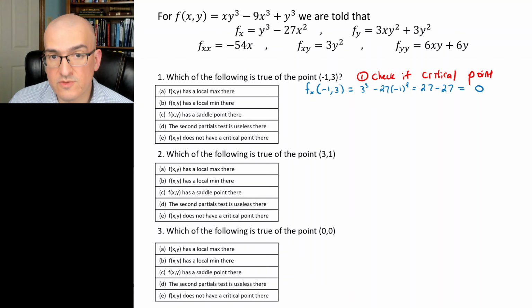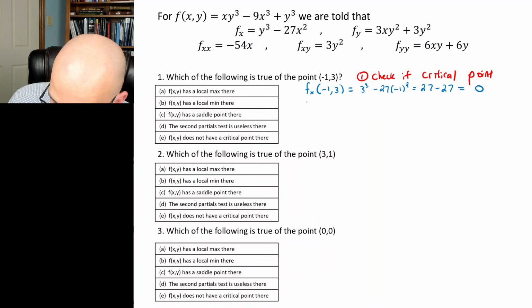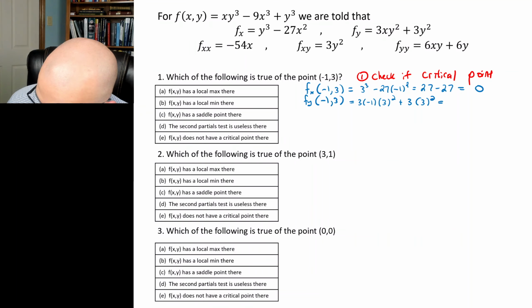So far, so good. F sub x is equal to 0. But f sub y must also be 0 for this to be a critical point. At -1, comma 3, we'll have 3 times -1 times 3 squared plus 3 times 3 squared, which is -27 plus 27, which is also 0. So yes, it's a critical point.